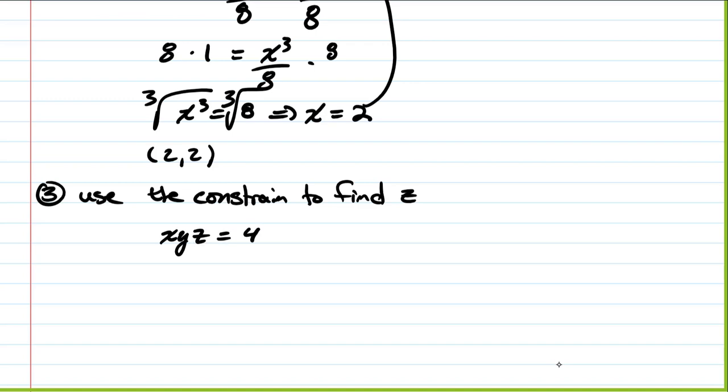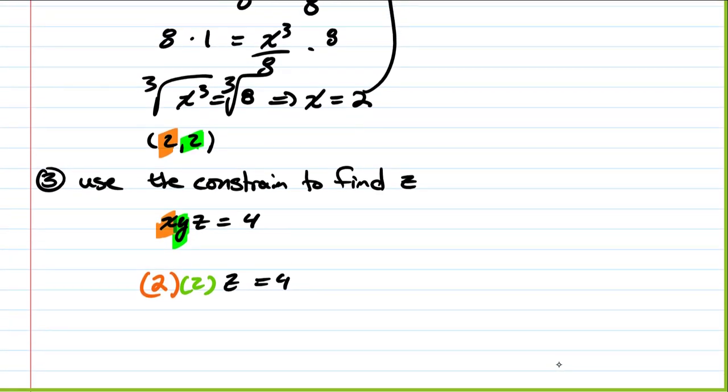And if we know x and y, so if we know x is 2 and we know y is 2, we're going to have 2 times 2 times z is equal to 4. Or in other words, 4z equals 4. Divide by 4, divide by 4, and we get z equals 1.